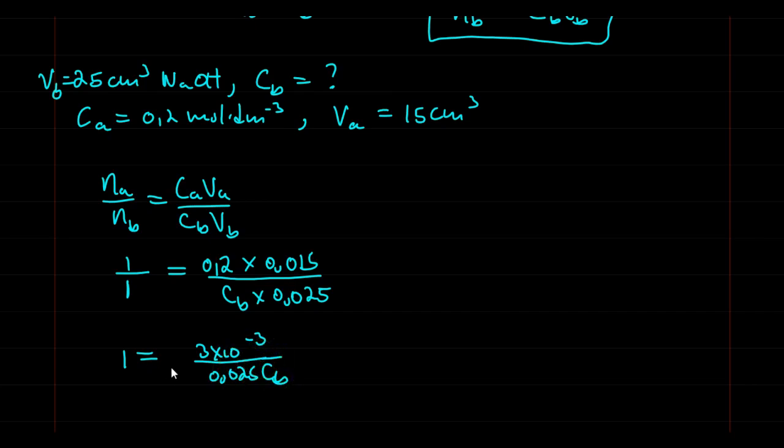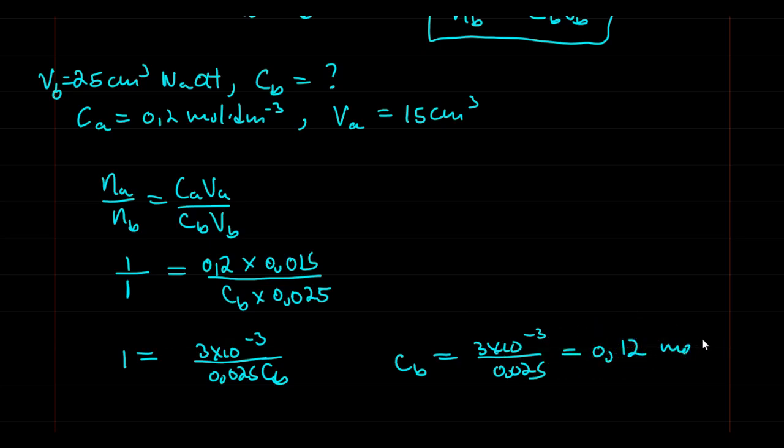Now if we cross multiply, we end up with Cb equal to 3 times 10 to the power minus 3 over 0.025. Now if you press your calculator, we can see that the answer is what?